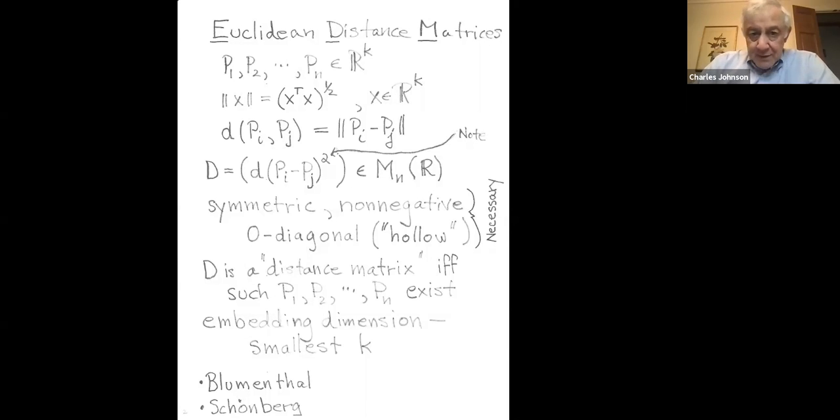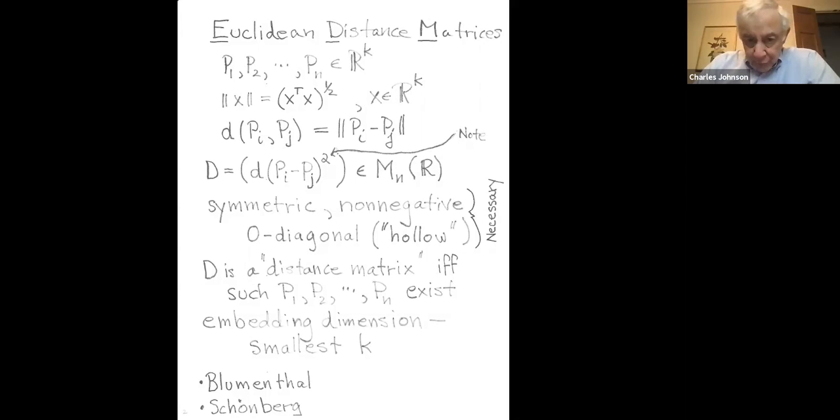We can array these distances as a real n by n matrix. And for convenience, what I'm going to array is not the distances themselves, but the squared distances. This makes the statement of many results easier.